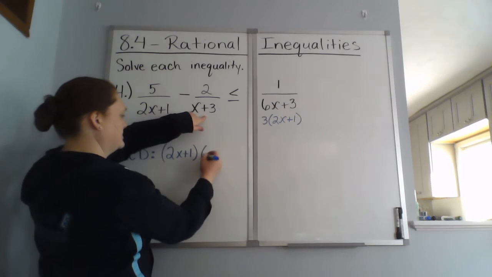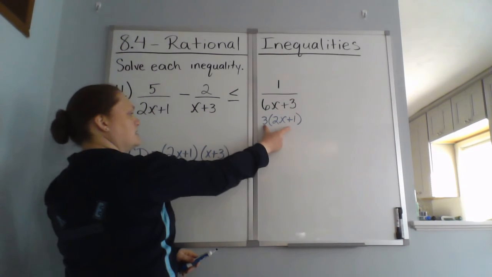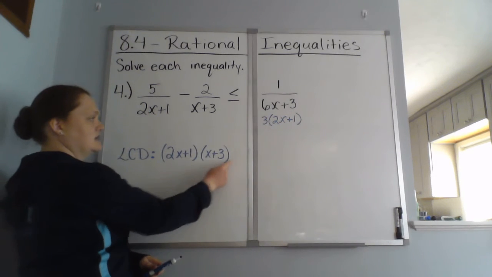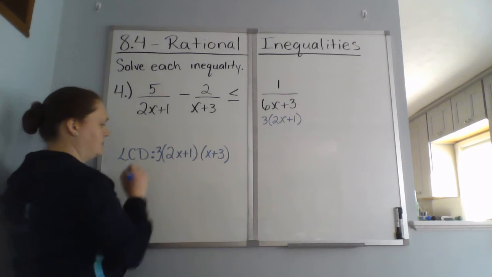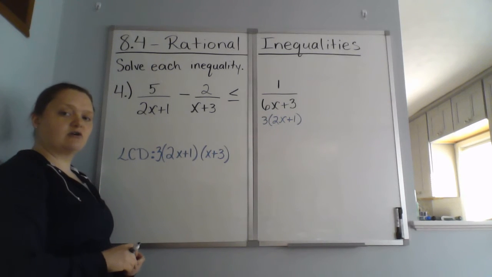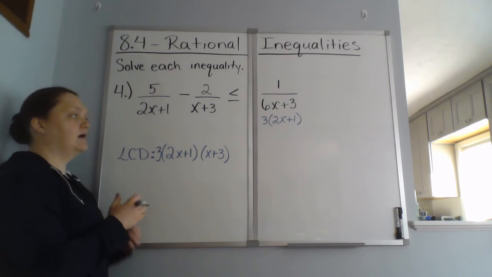Then we've got an x plus 3. We need that in there. And then when I look at this, the only thing that's contained here, that is not contained here, is that 3 out in front. So I'm going to throw a 3 out in front, and this is my least common denominator. Okay, so we've got to go through and figure out what are we going to multiply by, get it all to one side, and then go from there.